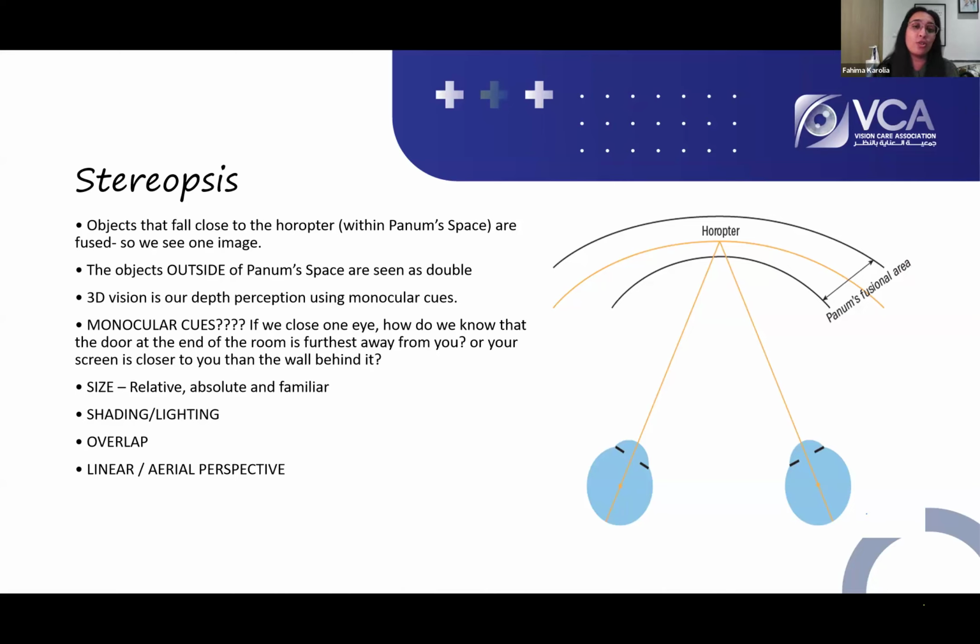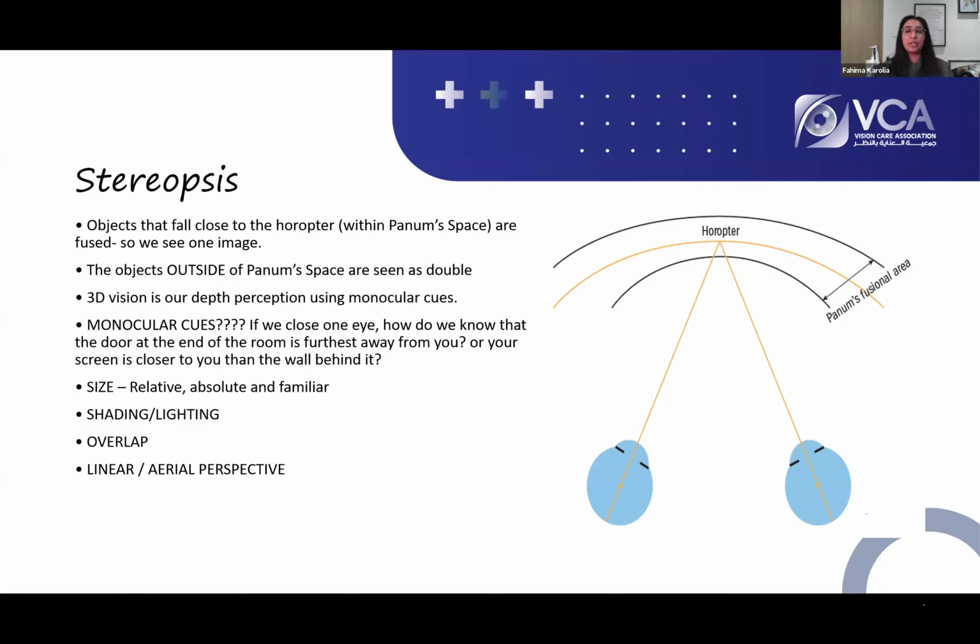We use monocular cues. So we use size. The wall behind is much bigger than the laptop in front of me. We look at shading, lighting, overlap. There's an overlap between the laptop and the wall, and there's a few bits behind as well. And then linear and aerial perspective.